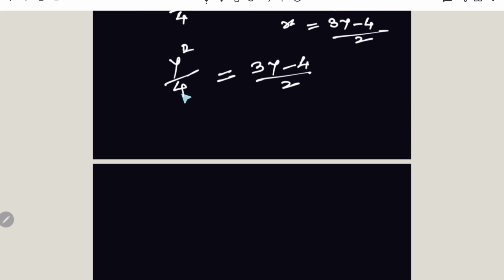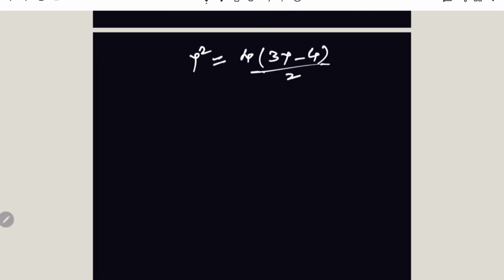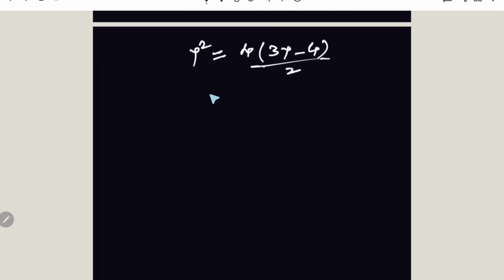Transferring this 4 to the right hand side, we get y square is equal to 4 multiplied by 3y minus 4 by 2. Dividing by 2, we get y square is equal to 2 times 3y minus 4.